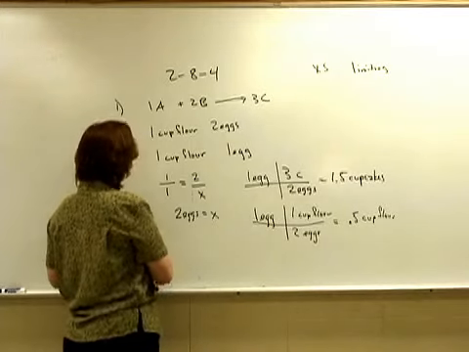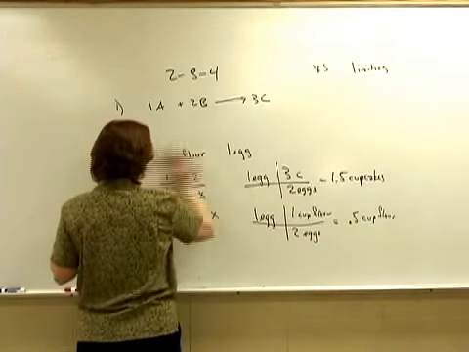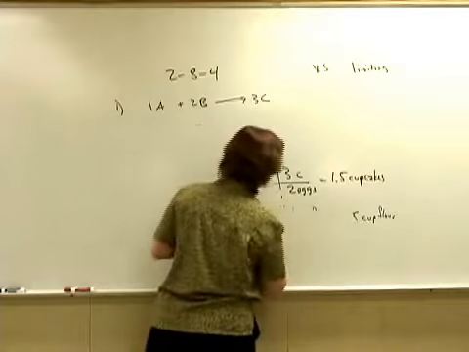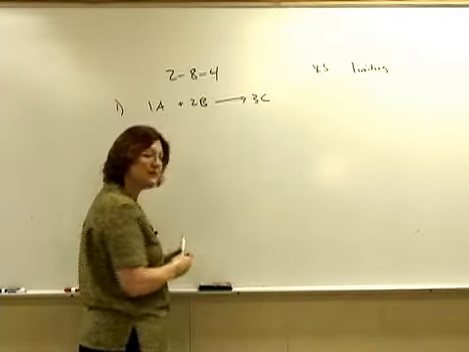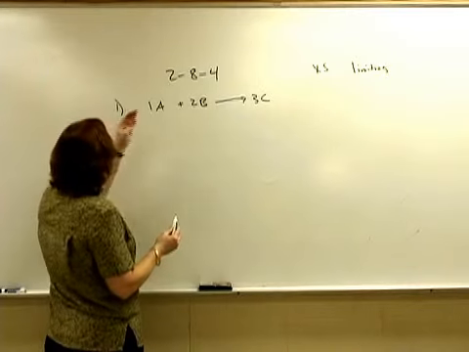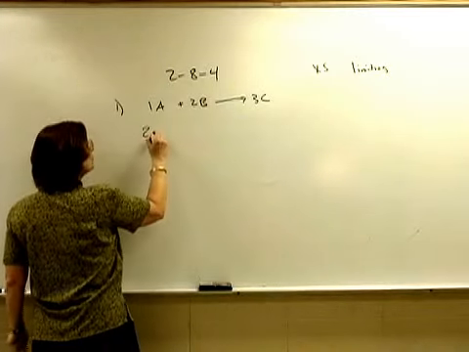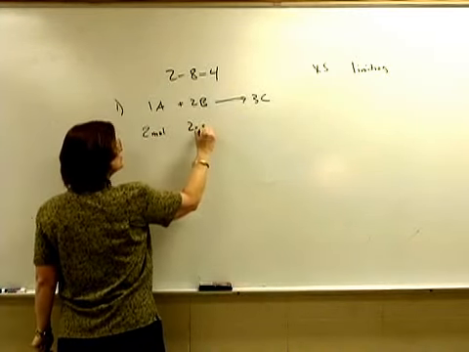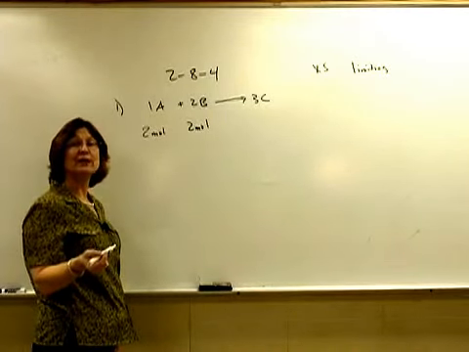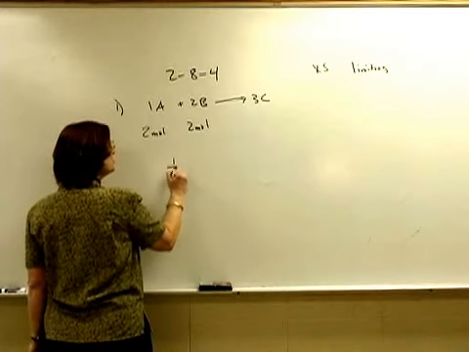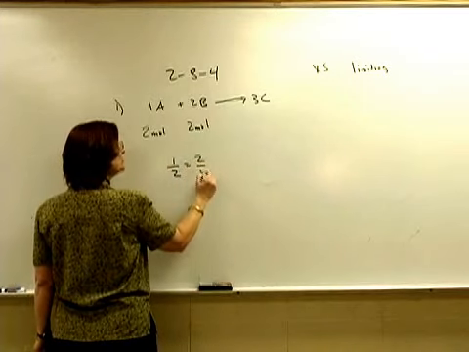So let's try another one of the homework problems. I'm going to do the second one in number 1. I have 2 moles and 2 moles. Again, I first have to figure out what I'm going to run out of. 1 is to 2 as 2 is to x.